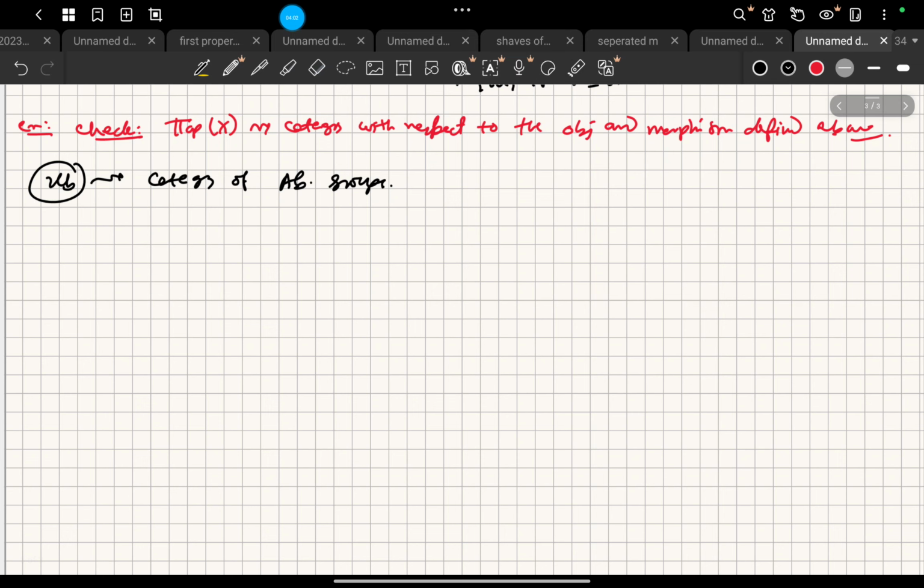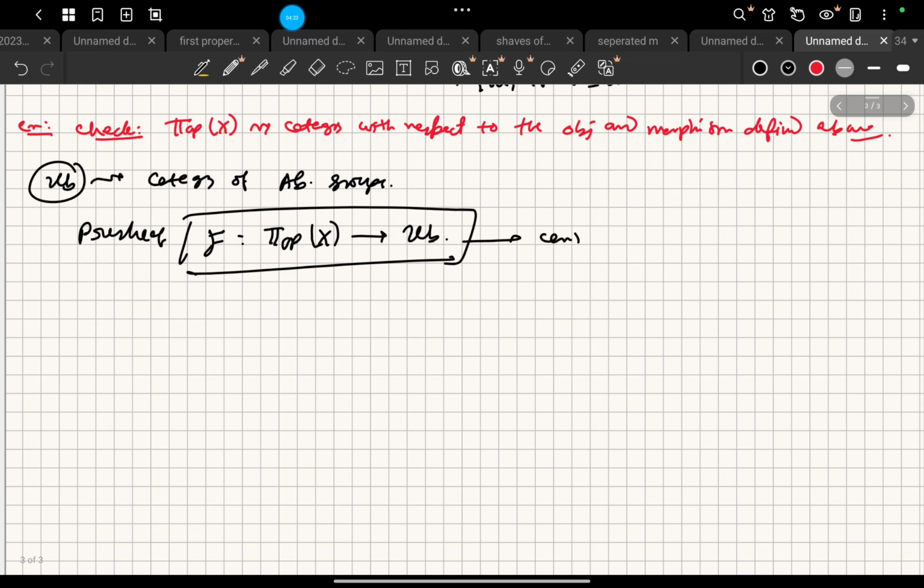So once you have the category of abelian groups, then a presheaf F is nothing but a contravariant functor from the topological space X to the abelian groups. It is a contravariant functor.